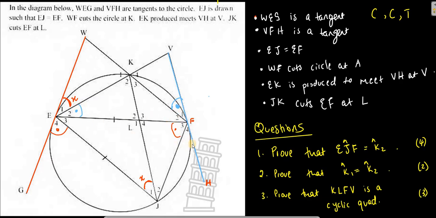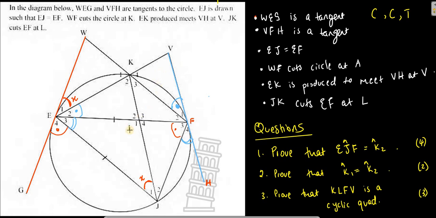That's what we can see. And then this one here, E4, is gonna be equal to E3. Okay, so that is it. That is the tan chord theorem there. Okay, so those are already the angles we can identify.